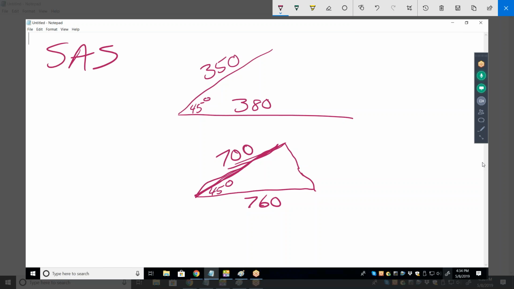How do we start it? Can we use the law of sines? Yes. Tell me how to do it. Tell me an equation I can write.